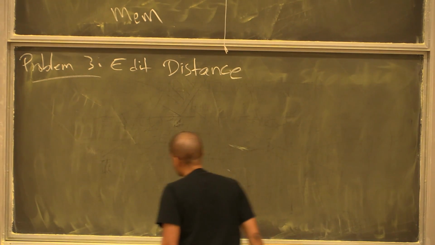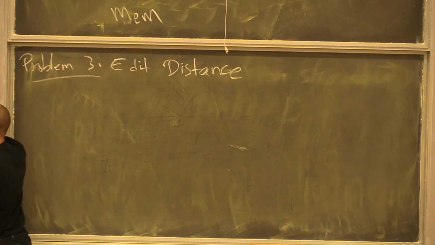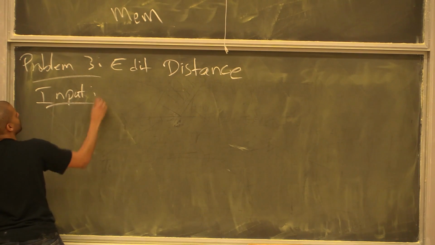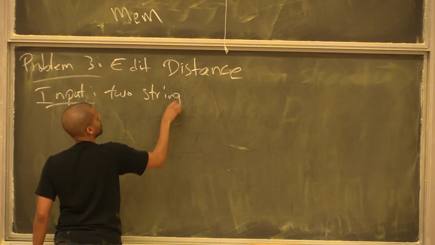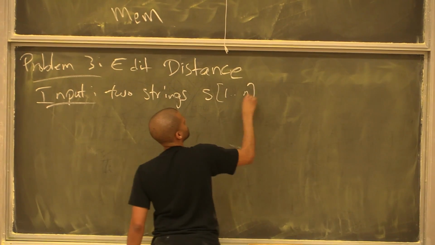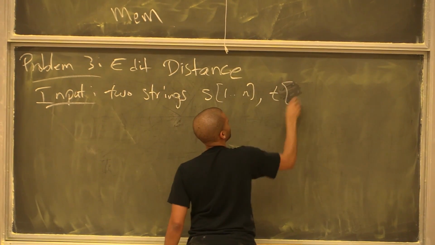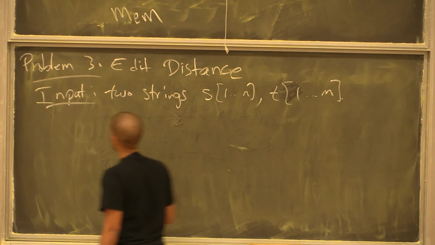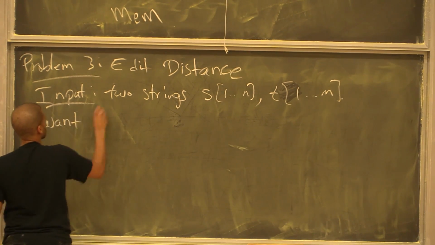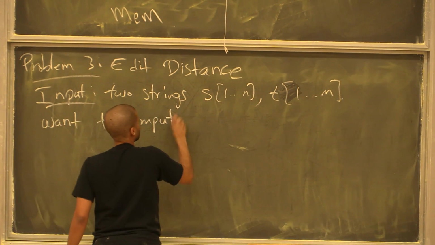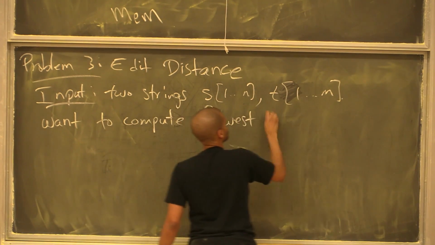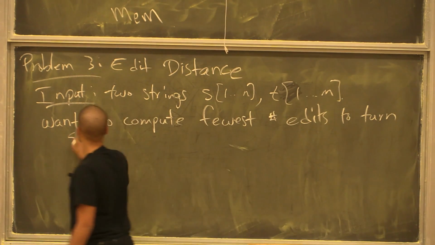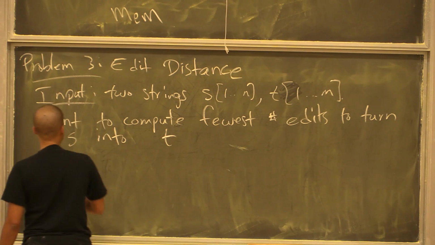So what is edit distance? Edit distance is I have two strings. S, 1 up to n, a length n string, and T, which is a length m string. And I want to compute the fewest number of edits to turn S into T. What are the allowed edits?